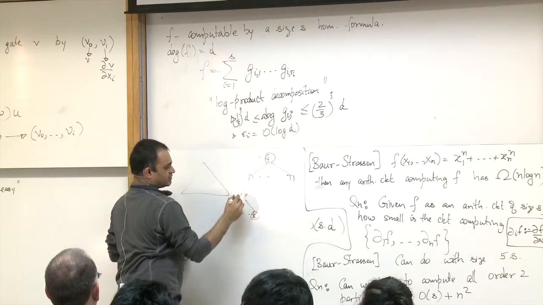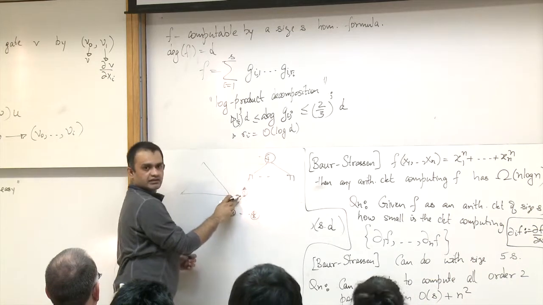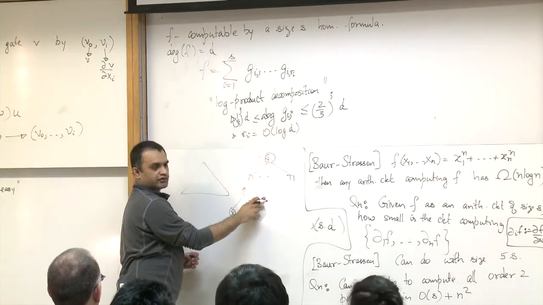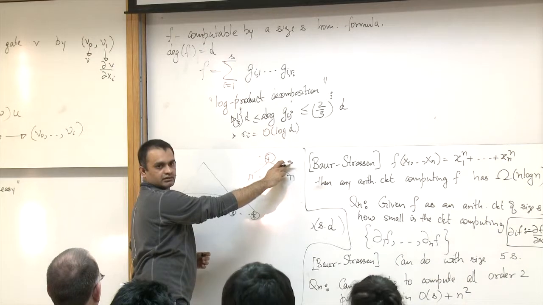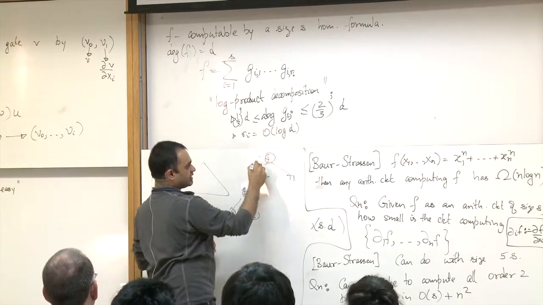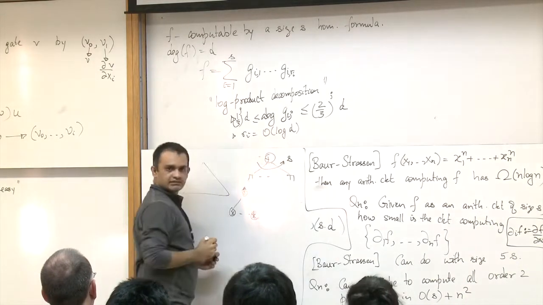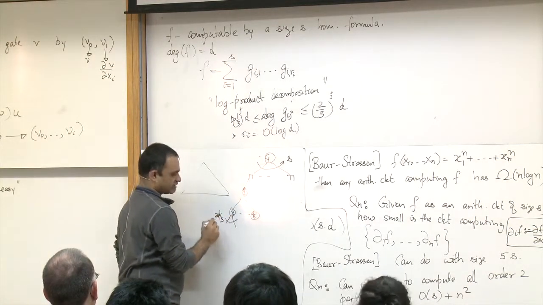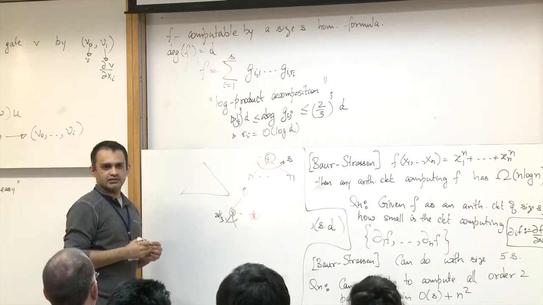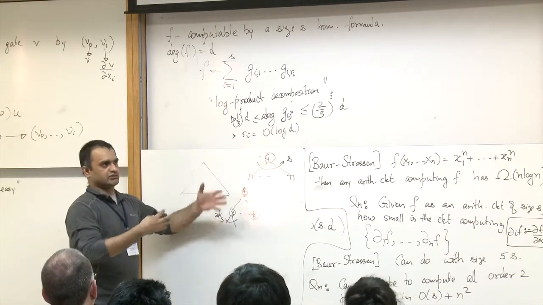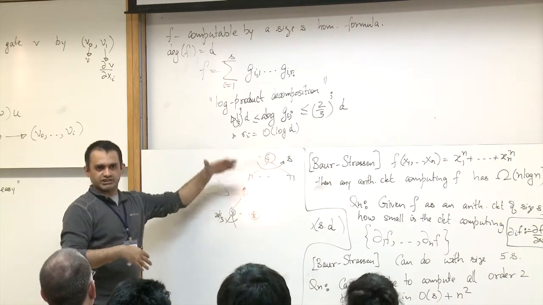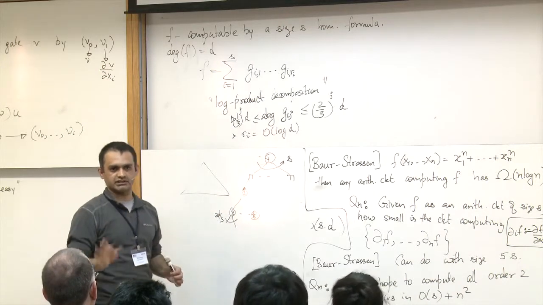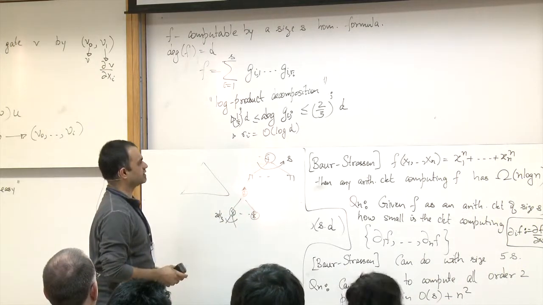These g_ijs will be what are computed here, and I'm going to be multiplying a few of them and then adding them together. Right now what this says is that the number of summands is s, and these degrees are something like 2d by 3. That's the bound that you've got so far. This is not interesting yet, but it will soon be interesting once you push this further down. So this was the motivation for this.